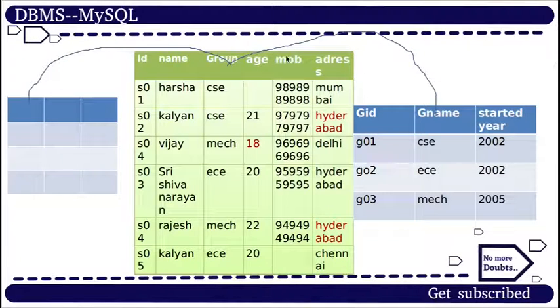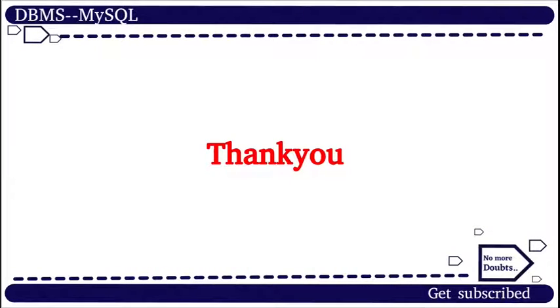What it means is, you can refer to group ID or group name with respect to this particular table, but not both at a time, and you can point to two different tables at a time. Here the group column of the student table is referring to the group name of this group table, and it was also referring to some other table of results or something. So it can refer to two different tables at a time, but can't refer to two columns in the same table. And that's it for this tutorial.